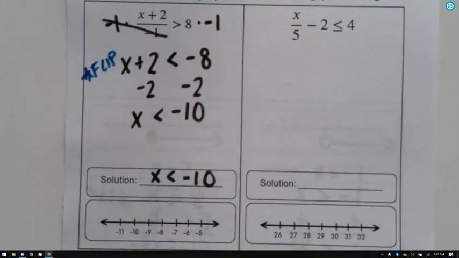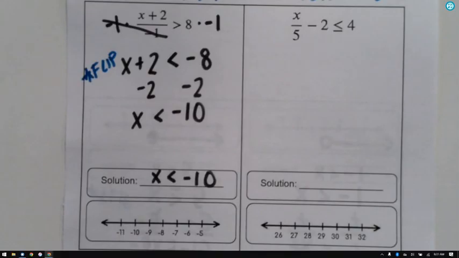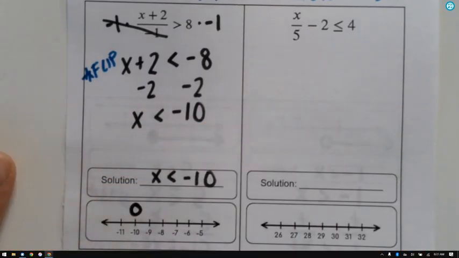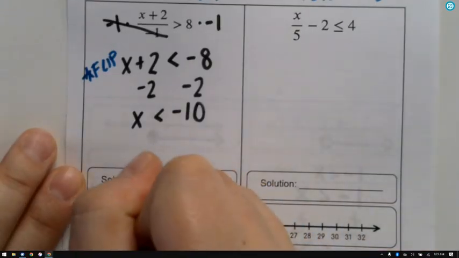I do want to go ahead and graph this. So I'll do an open circle at -10 because less than is an open circle. Less than or equal to would be a closed circle. And then I need to draw my arrow to the left for less than.